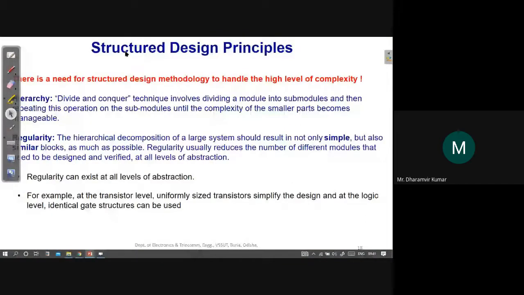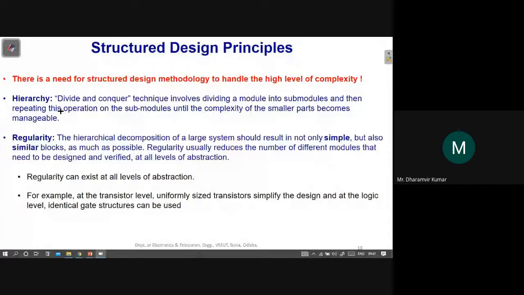Structured design principles. Although we have this hierarchy, that is a divide and conquer approach, in addition to this we have three more concepts which are particularly useful in VLSI design, and those are regularity, modularity, and locality.